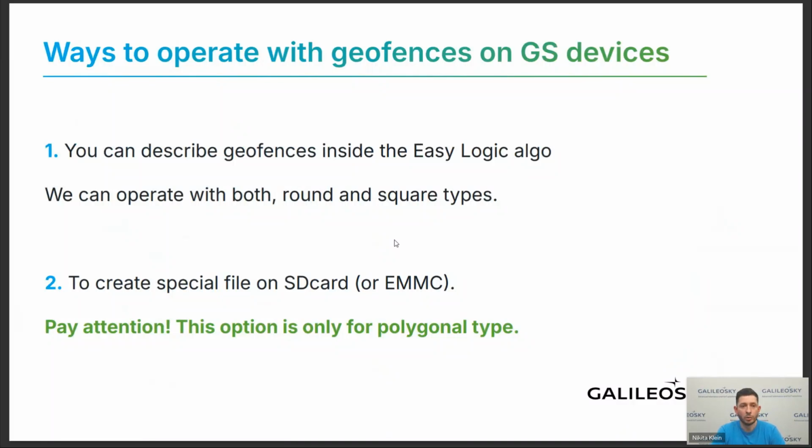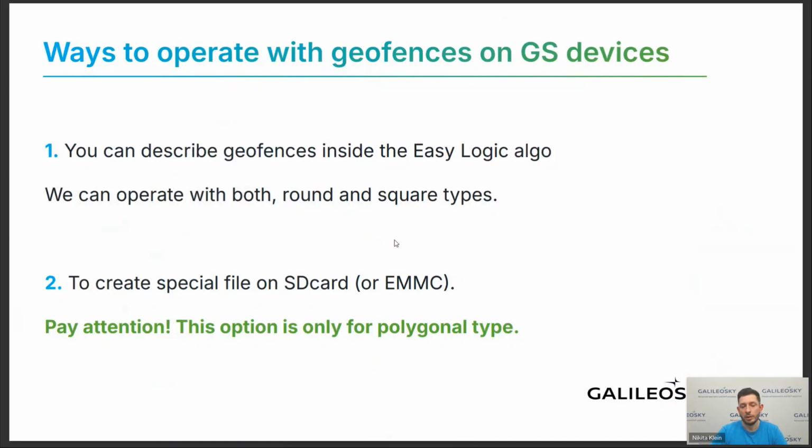What ways to operate with geofences and what ways to create them exist? The first is to create a geofence by describing it right inside Easy Logic, and then to implement the algorithm based on it. The second is to create a KML file in some special software, for example, Google Earth or Violon, etc. Up to you which is convenient. You can use any of them.